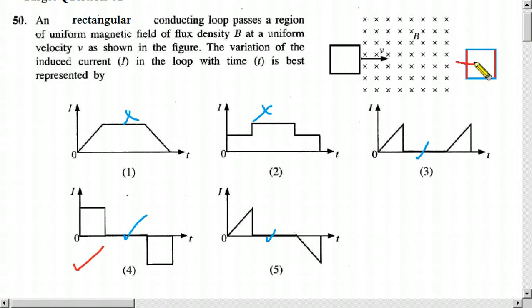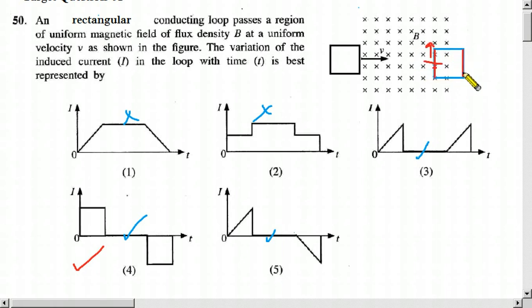I had marked it like this, current pushing this way. So that battery is there until it comes to the boundary like this.